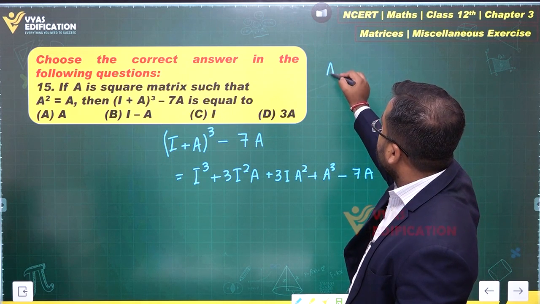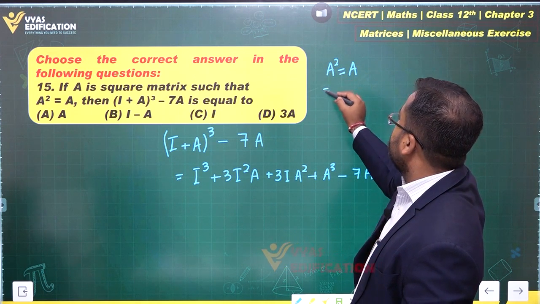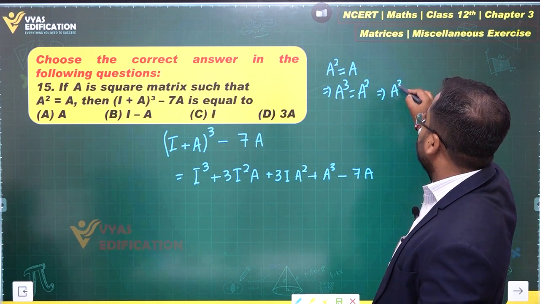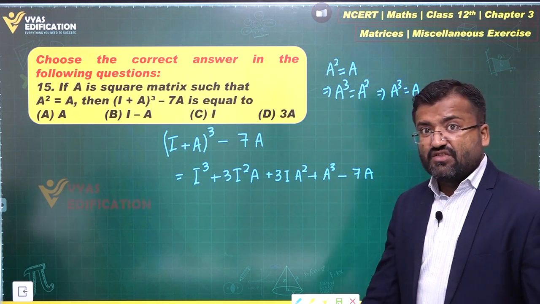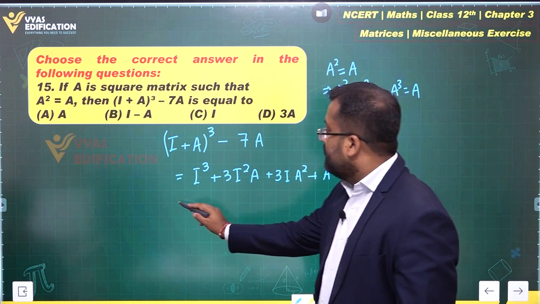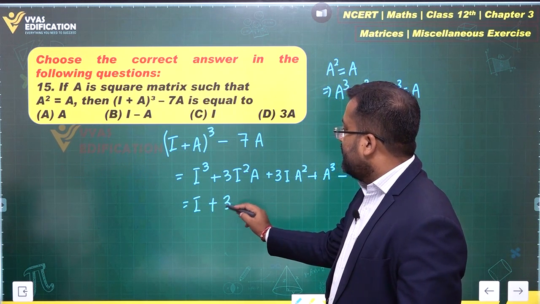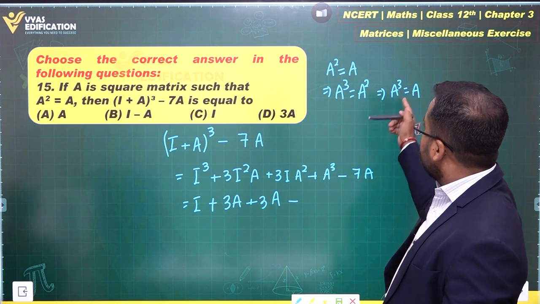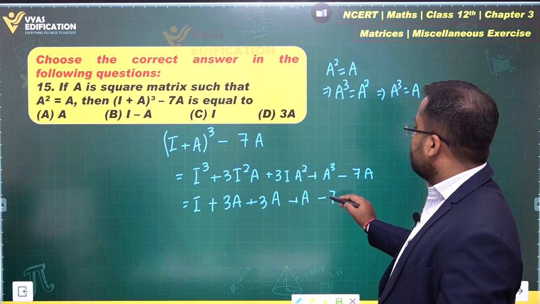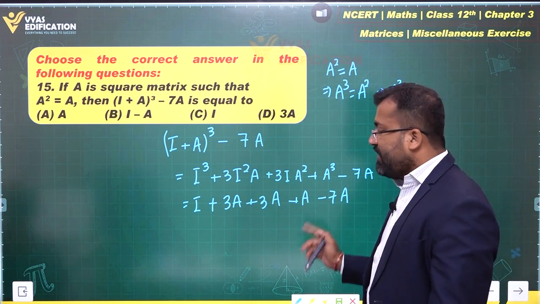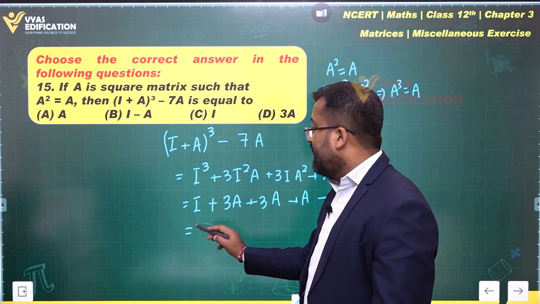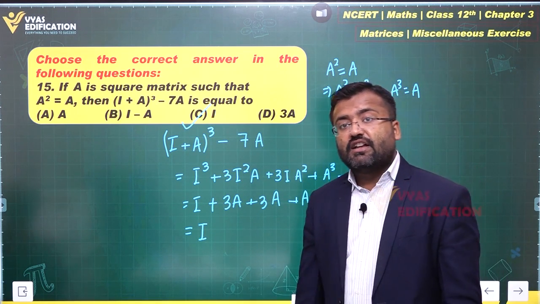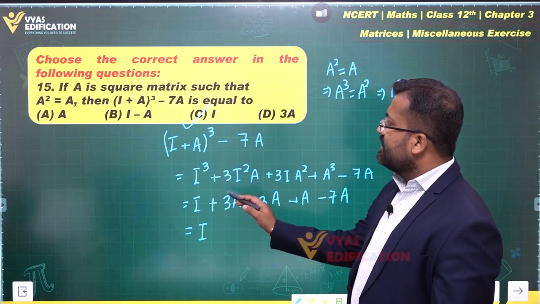It is given that A square is equal to A, which gives me A power 3 equal to A square, which will further imply A power 3 equals A. So this is I plus 3 times A plus 3 times A square, which is A, plus A cube, which is A, minus 7 times A. This is 7A minus 7A, that will get cancelled, and this will be equal to I only, and this is my correct answer for this question. That's all? Yes, that is all in this question.